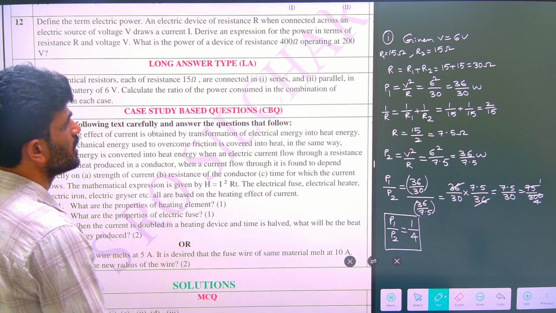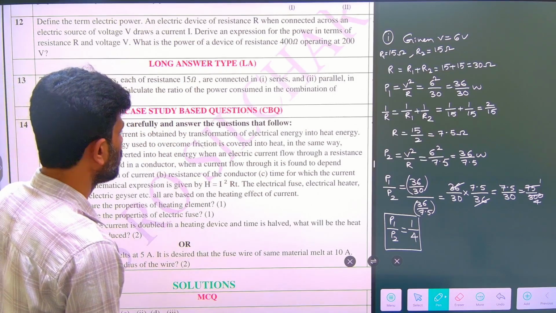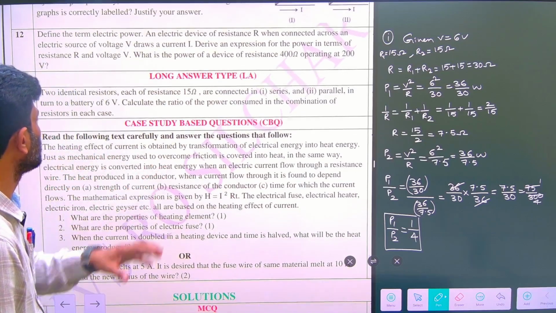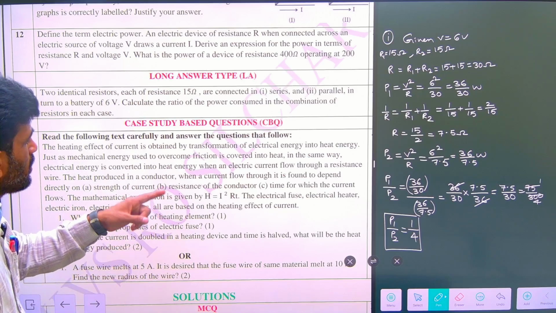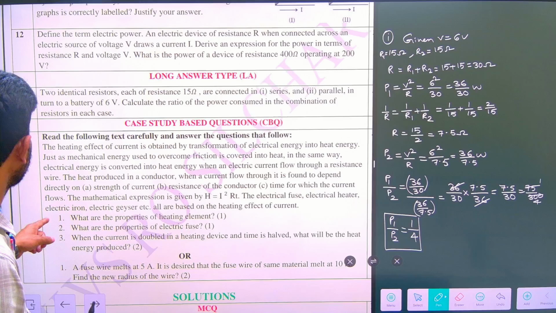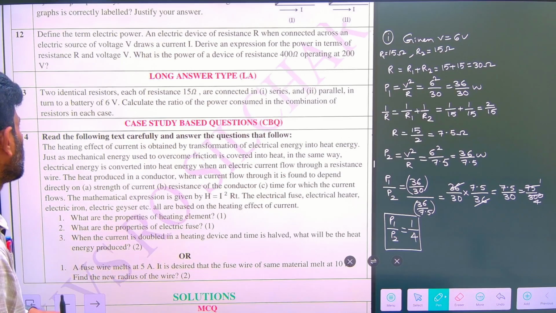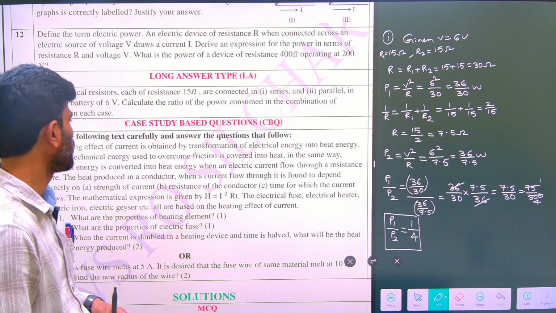Okay, this is done. Now next, one case study question is there. In this case study question, all the information is given about Joule's law of heating effect. H is equal to I square R T. And the electrical fuse, electrical heater, electric iron, electrical geyser, all these follow Joule's law of heating effect, based on the heating effect of current.